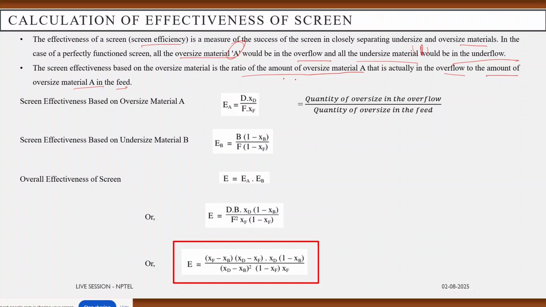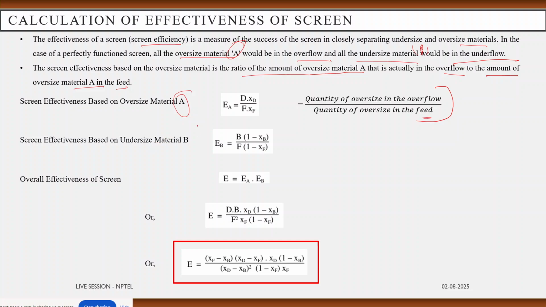So this is the definition of screen effectiveness on oversized material A, that is EA equals D into XD by F into XF, the quantity of the oversized material in the overflow divided by the quantity of the oversized material in the actual feed.